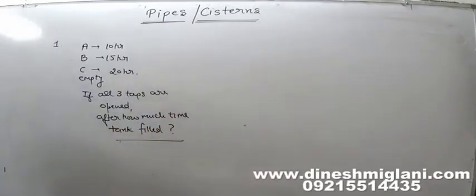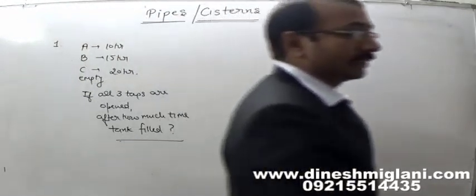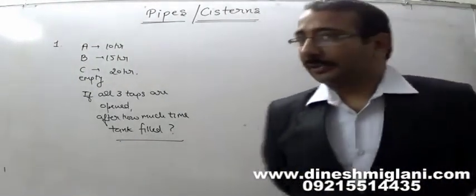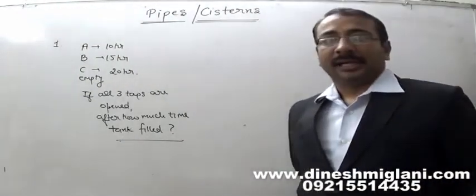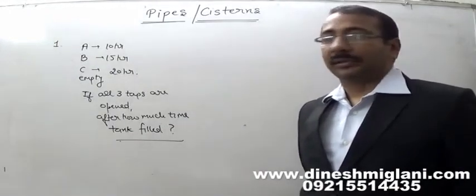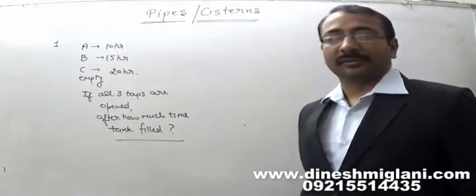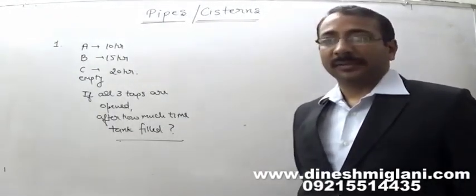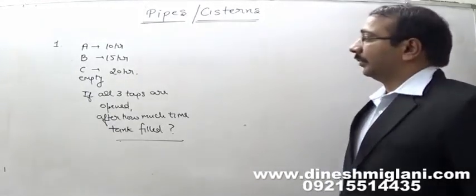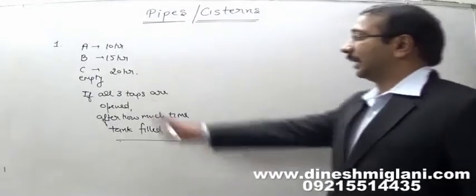Now for answering this type of question, it is somewhere the same thing. The three persons are going to do a work, and it is given that A, B, C can do the work in that much time. You have to find out after how much time the work will be completed. But here one thing you have to take care of, because C is emptying, right?